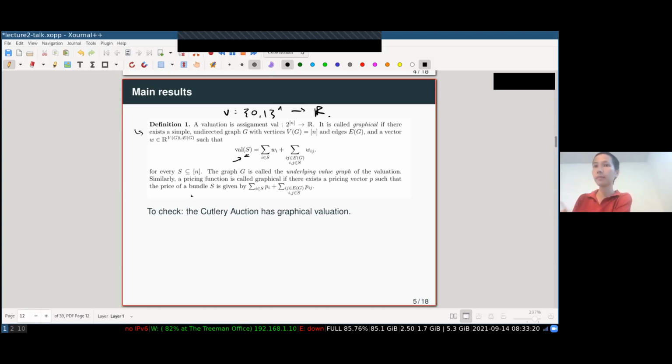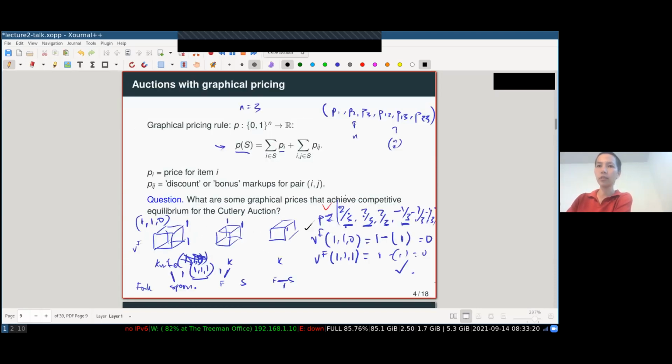In the previous example, I was drawing these little triangles here. This would be, for example, knife and fork. So this would be the graph that represents the valuation of steak. For steak, each item is worth 0 individually, but the pair is worth 1.